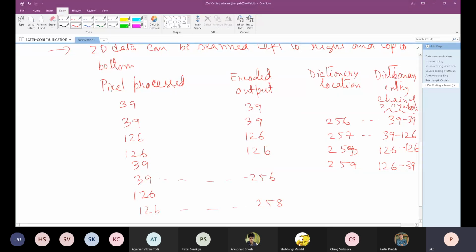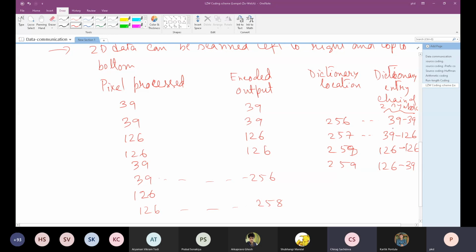So that means the symbols, while we are giving the encoded output, the symbols itself, we are forming the dictionary. Okay. Now, if there is a repetition of any symbol, we are storing it, because our dictionary location is from 256. So this chain of symbols will be stored by a code word.